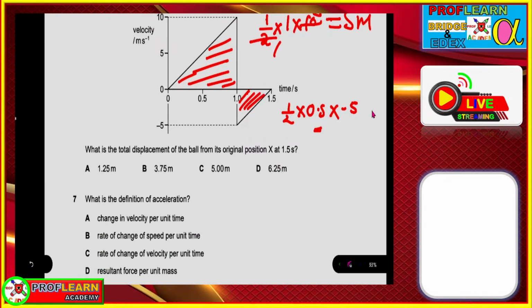Because it's displacement, we are going to consider the area below the x-axis as negative area. So if you take the answer you get here plus the negative of this answer, you're going to get your answer, which is B.